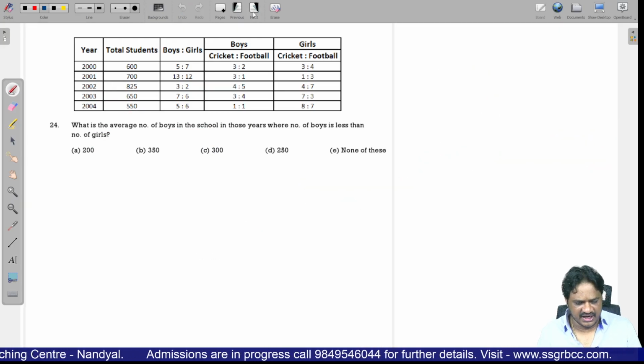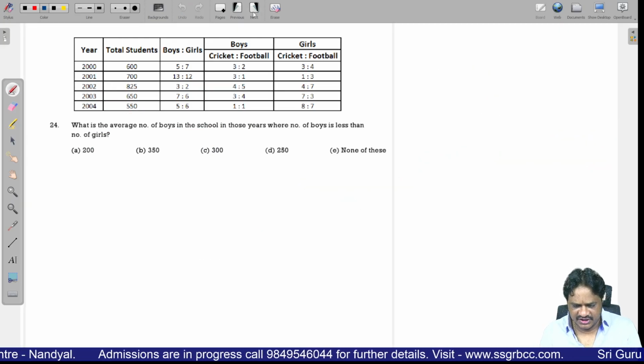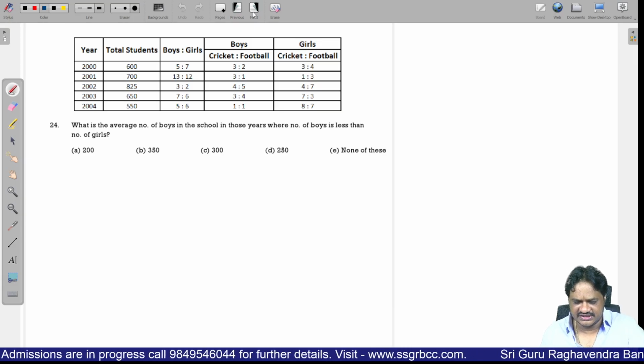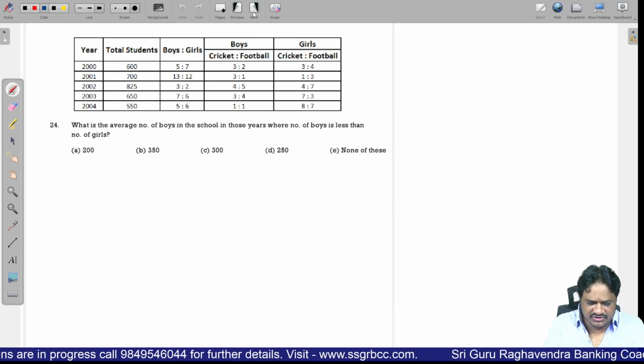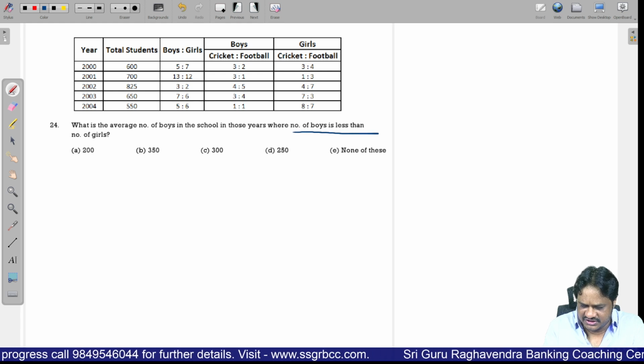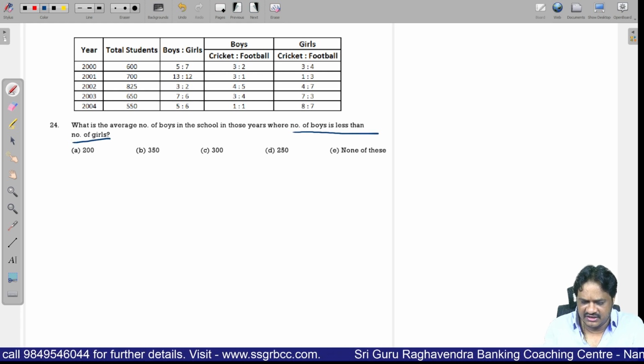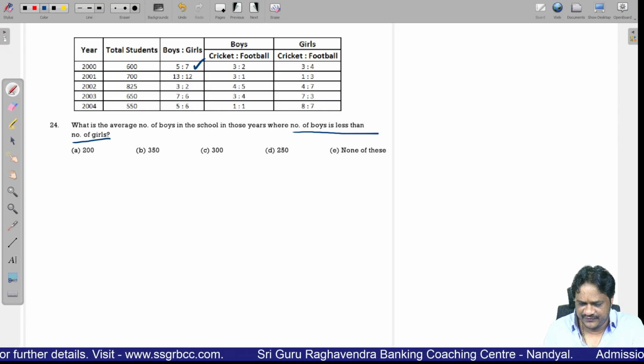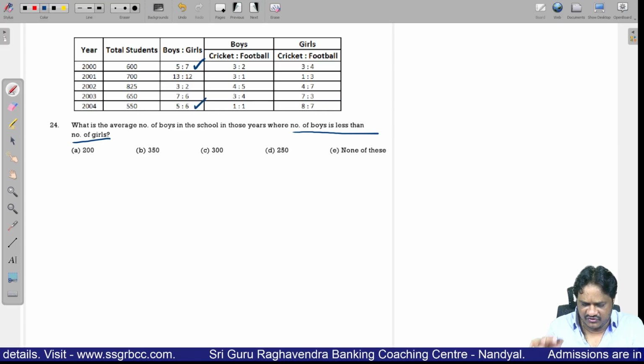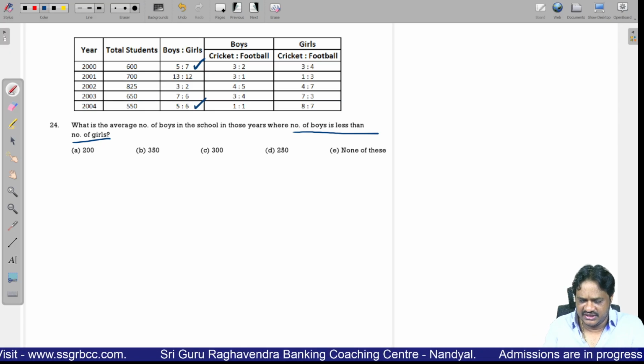What is the average number of boys in the school in those years where boys is less than girls? See how to observe the ratio for this. Here one clause is given: boys is less than girls. Boys are less than girls in 2000, and in 2004. In this, you have to calculate the boys and find the average.